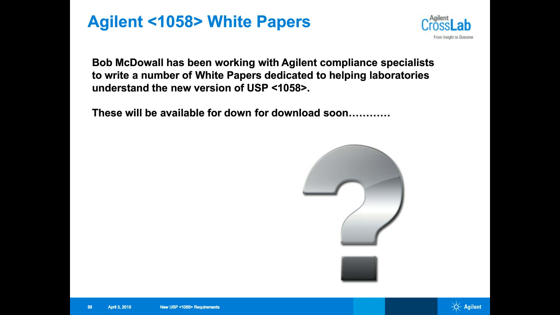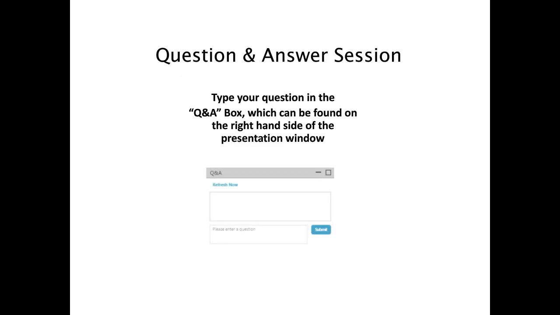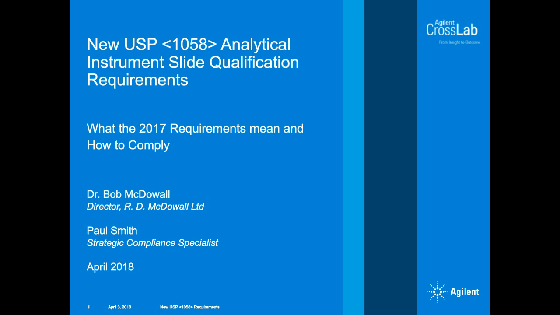The first question, is the risk assessment component of the AIQ strategy a formal process document? Bob, I don't know if you could answer that first. Yes, is the simple answer.